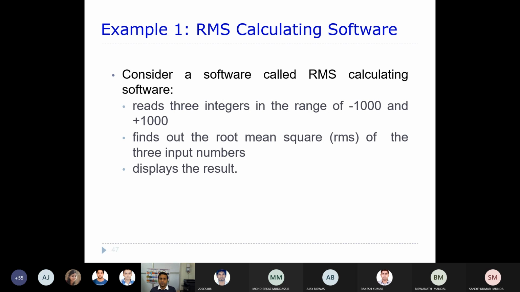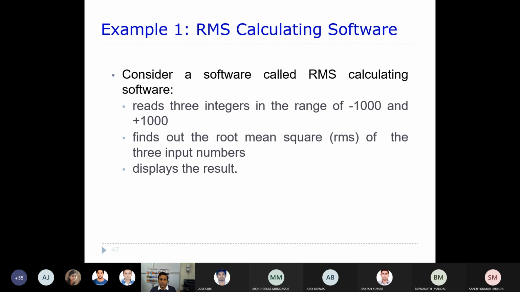The software first reads three integers in the range -1000 to +1000, three different integers, and then finds the root mean square of the three input numbers and displays the results.